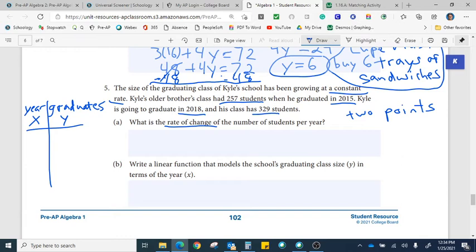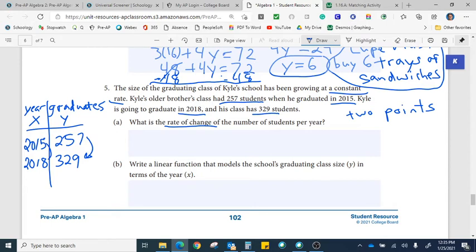Kyle's brother graduated in 2015, so 2015. Okay, and there were 257. Okay, so it keeps growing, it's growing at a constant rate, and then 2018. And the graduating class is 329. Okay.